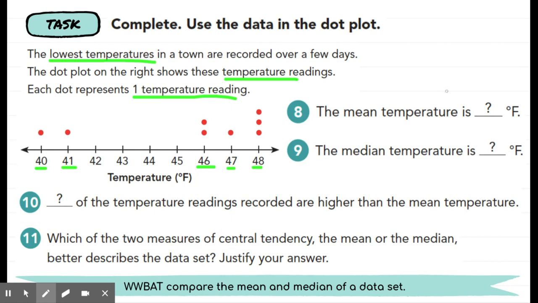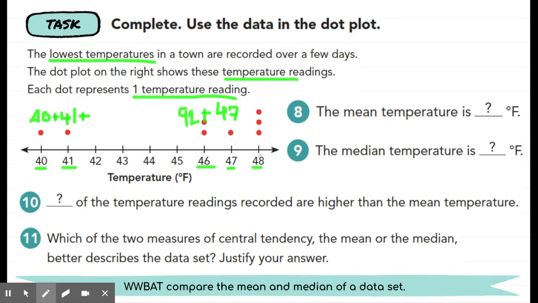What would be the mean temperature? To find the mean, again, you will have to add all the values. So remember, there's one day that is 40 degrees Fahrenheit, so you add 40 plus 41. There are 2 days that are 46, so 46 times 2 is 92. There's one day that is 47, so you keep adding 47.